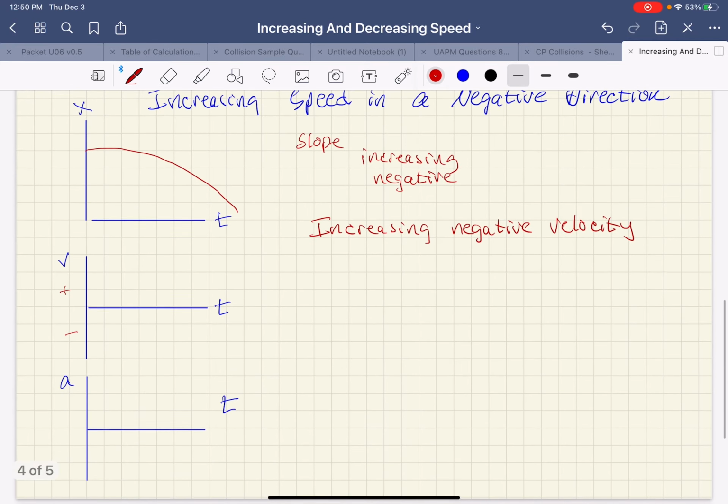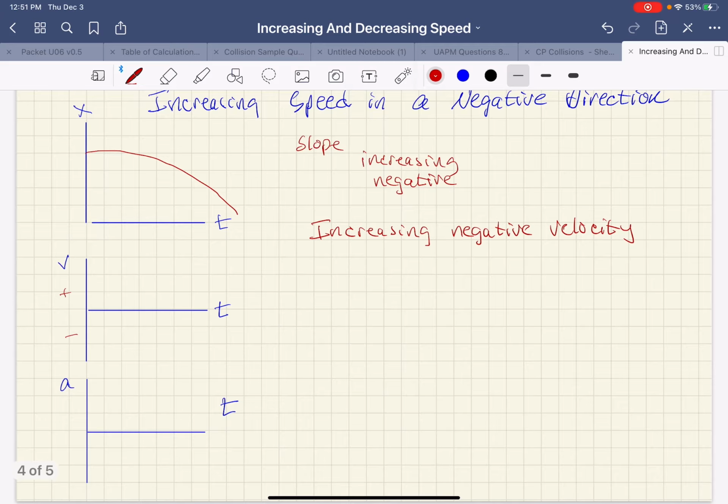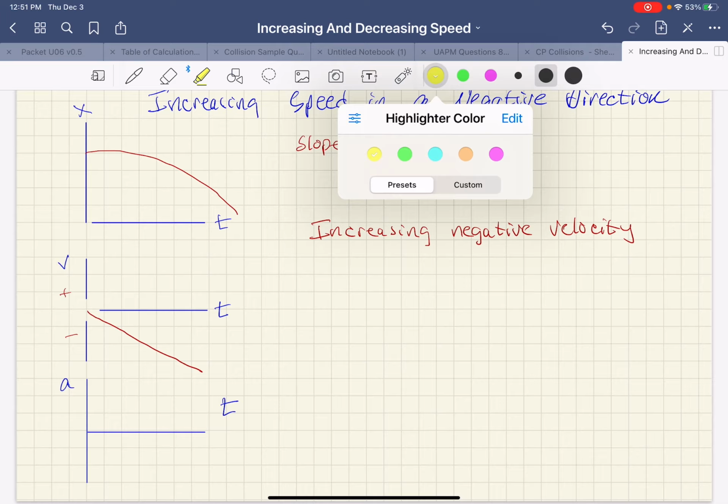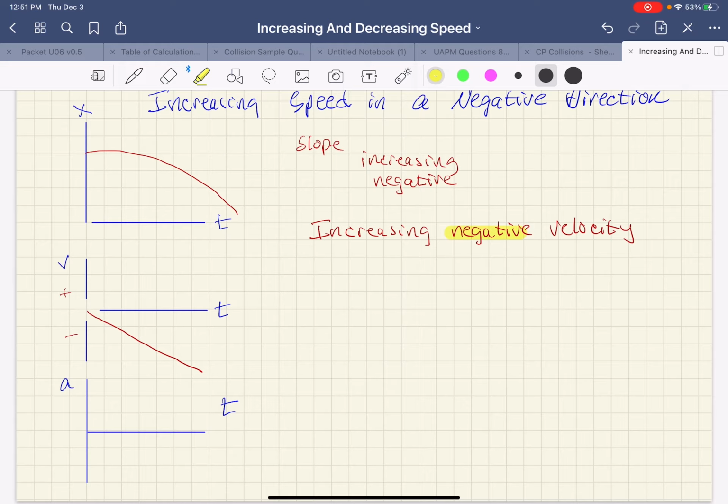So I have to be under the horizontal line for it to be negative, and it's going to be increasing. So my speed starts at 0 and it increases. It is negative because it is under the horizontal line.